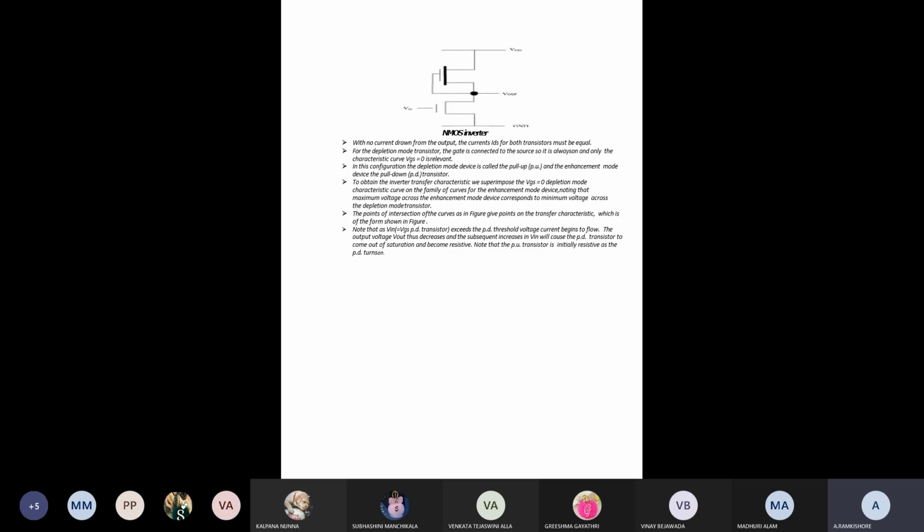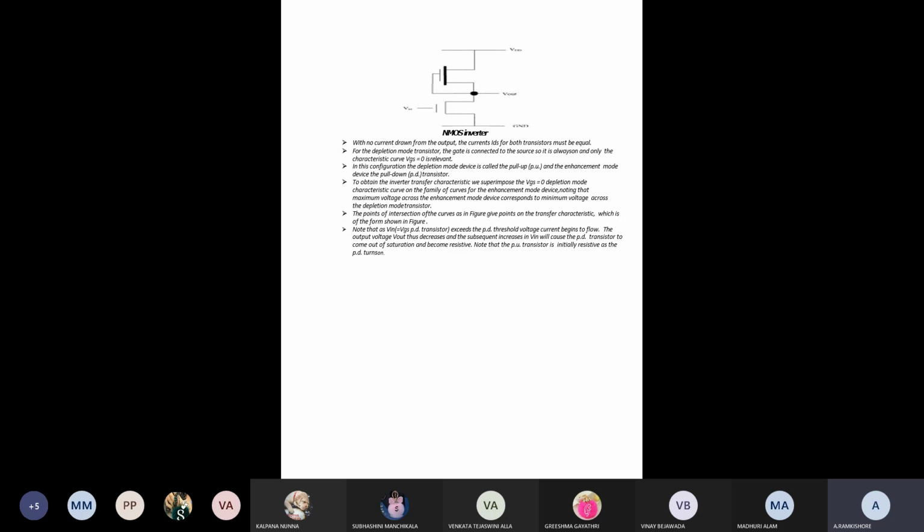So whenever Vin is equal to 0, this enhancement mode transistor acts like an open circuit, and the depletion mode transistor in the upper part acts like a closed switch, so the output will be high. So when Vin is equal to 0, Vout is equal to 1.